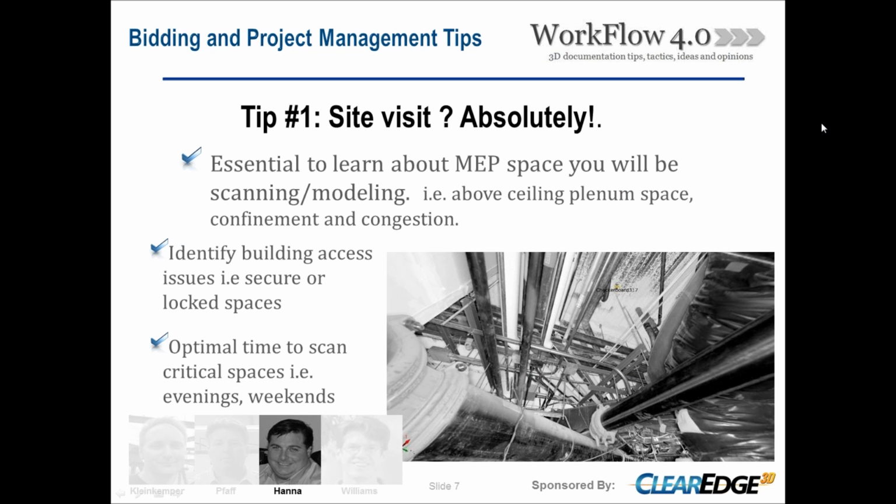In particular with MEP existing conditions, up in the ceiling plenum space, that's where all these pipes and some ancillary equipment are residing, and it's good to visit the site, determine if you can get access to the ceiling space, or what kind of tiles are there, or is it hard surface, and if you do have access, it's critical to open some ceiling tiles, determine how much space you have up there, because believe it or not, in some sites we've been to, there's not enough clearance, so there's just too much congestion in there. We can't even get a scanner to penetrate into that space. So it's absolutely essential that you visit the site.